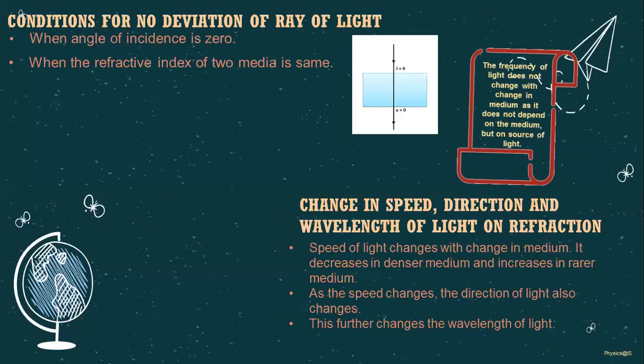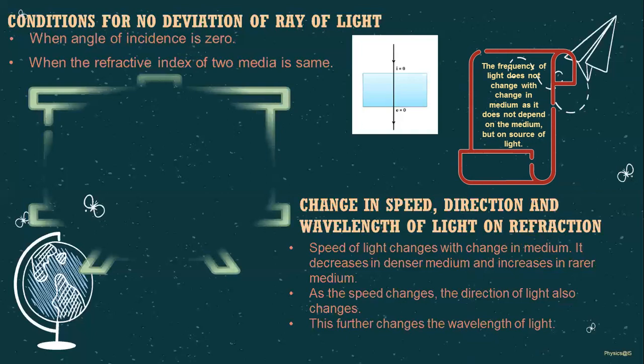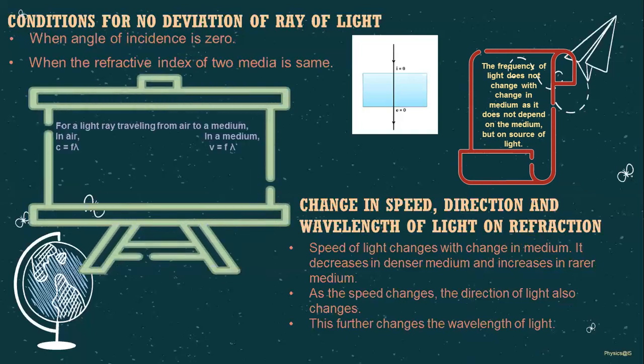But we need to remember over here, the frequency of light does not change with the change in the medium. Why? Because it depends on the source from where the light is coming and not on the medium. So from here we get another relation. If a ray of light is traveling from air to a medium, then for air we know that speed is equal to frequency into wavelength, and for the medium the speed will change to v, frequency remains the same f, and wavelength changes to lambda dash.